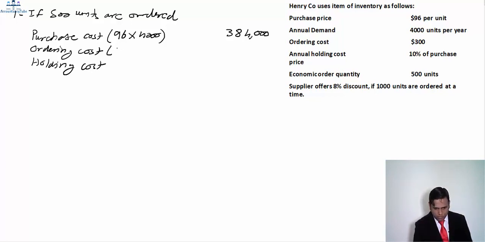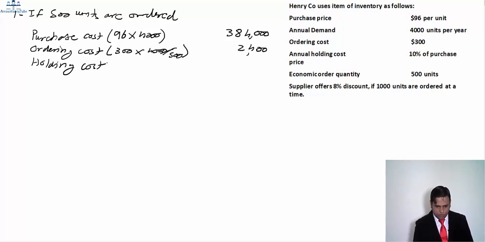We have been given an ordering cost of 300, and we need to adjust this according to the 500 unit area. Our annual demand is 4000, and we are placing each order of 500 units. Computing this will give you a figure of 2400.